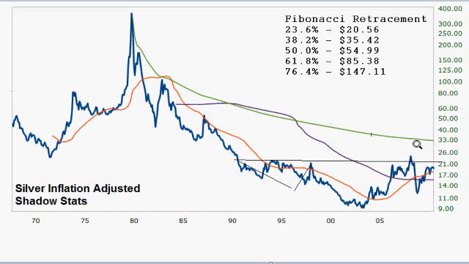Therefore, with this chart, we can take a look at this very interesting orange line, which is the 50 period moving average and the 200 period moving average. I think I said recently I wasn't sure what the averages were. Well, I remember. It's a 50-month, 200-month moving average.